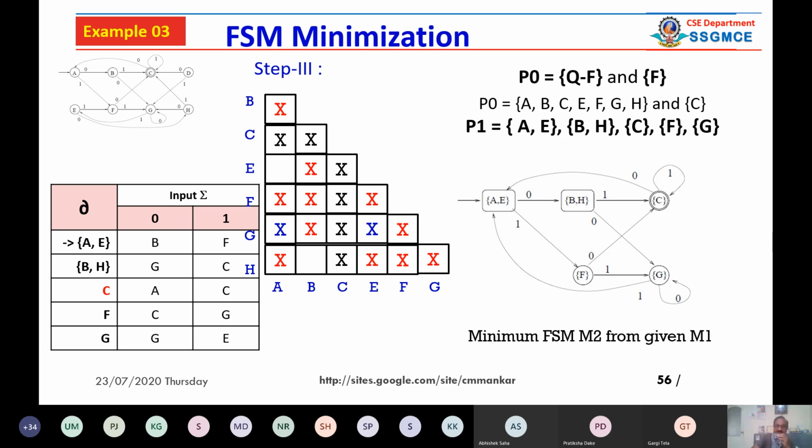So let us call this as a machine number 2, minimum machine number 2. So in this way it works.